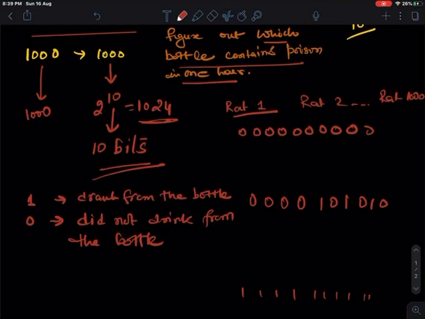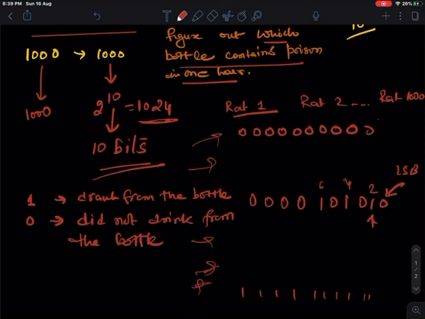If I start from this bit, so this is say rat 1, I can start from rat 1 here, or let's say we start from the least significant bit, and this is rat 1. So we know rat 1 didn't drink this wine, and we have 1000 different wines being represented in this way, and we know that rats 2, 3, 4, 5, 6. So rats 2, 4, and 6 drank from this.